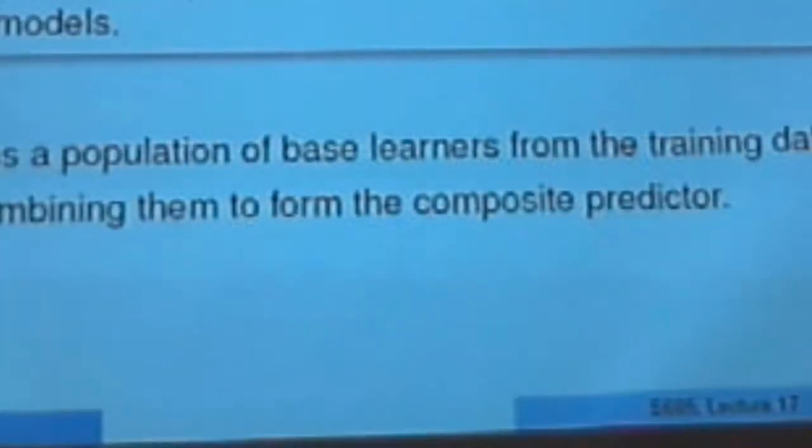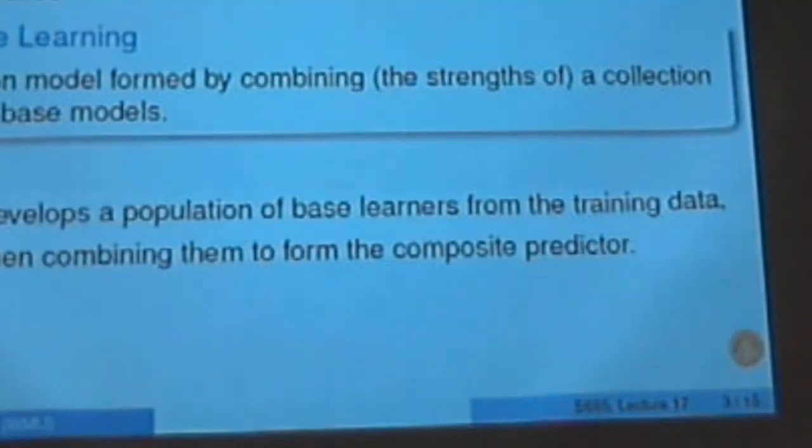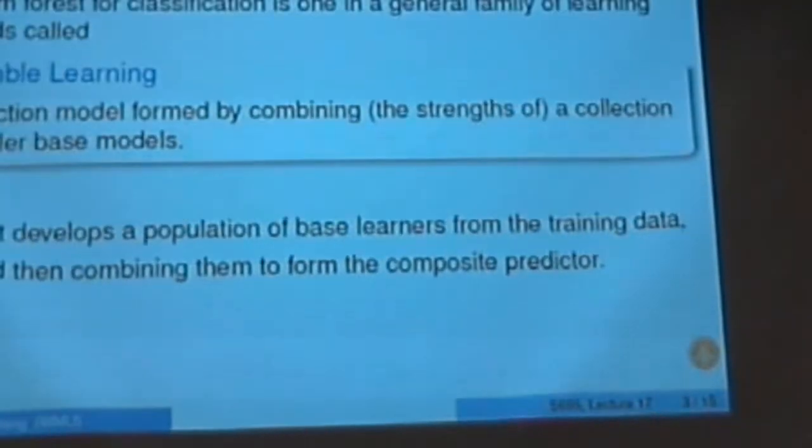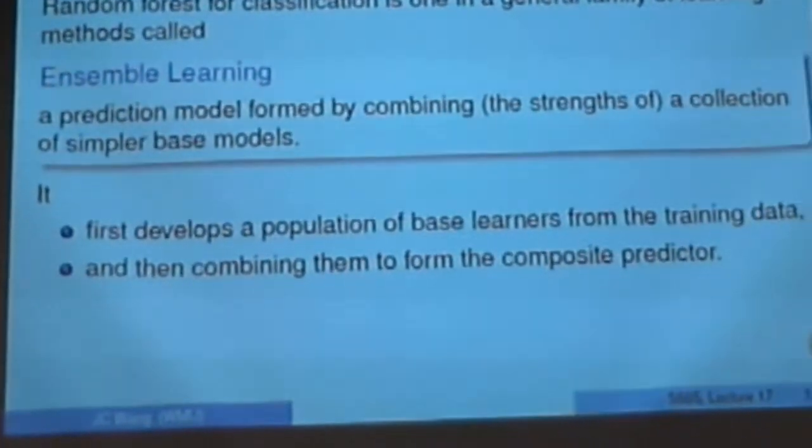Basically, ensemble learning first develops a population of base learners from the training data, and then combines them to form a composite predictor. In the case of regression, you can use the average predicted result as the final fitted value.